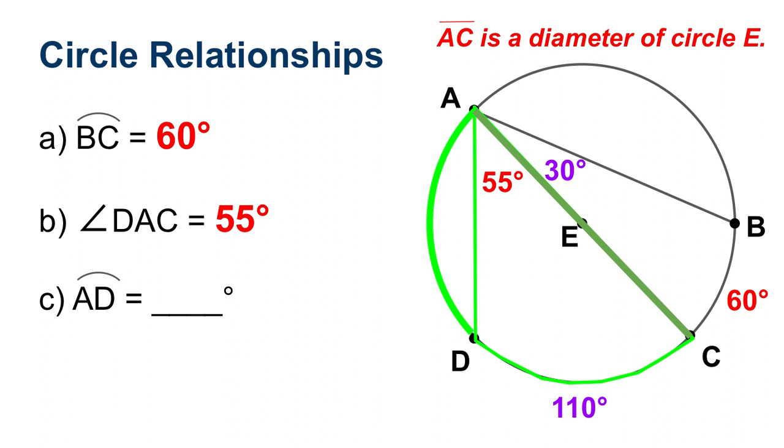So if you just have a diameter, that's going to be 180 degrees. The way to figure this out is to take 180 and subtract 110, and you get 70 left for the rest of that arc. So all the way from A around to C is 180 total. So if you do 180 and subtract this 110, you've got 70 left.